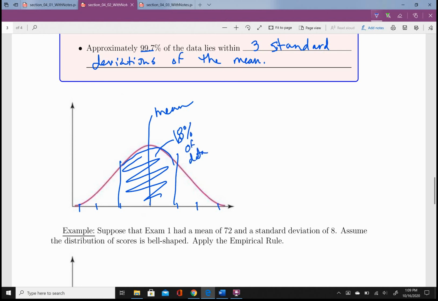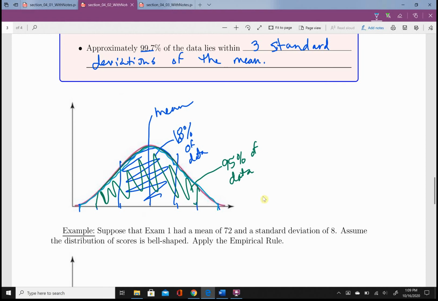Now I'll change the colors here. Let's go green with it. If we're going here to here with this, what's done in green here, that'll be 95% of the data. And then if I want to go out 3 standard deviations on both sides, let's say that looks like this teal stuff. Well, that'll be all this bit.